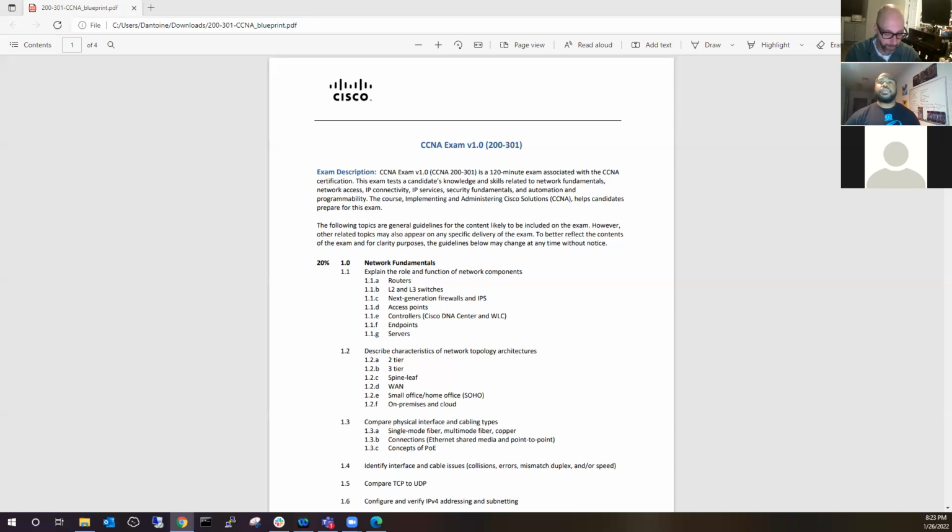Layer 3 switches allow for inter-VLAN processing. Keep it simple. What do we do at layer 3? IP. So it's going to use the IP information for ARP.